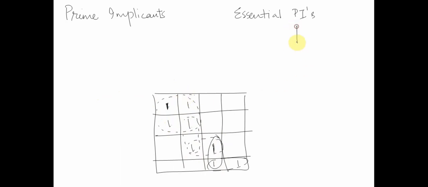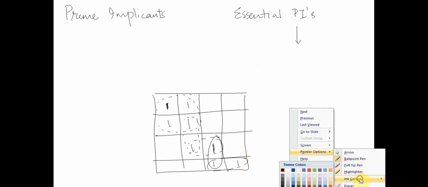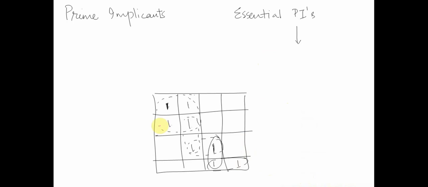Whereas essential prime implicants are the ones which have only one possible group and don't fit anywhere else in the particular plan of things. If you look at this corner one, this is the only group possible for this one, so this is an essential prime implicant.